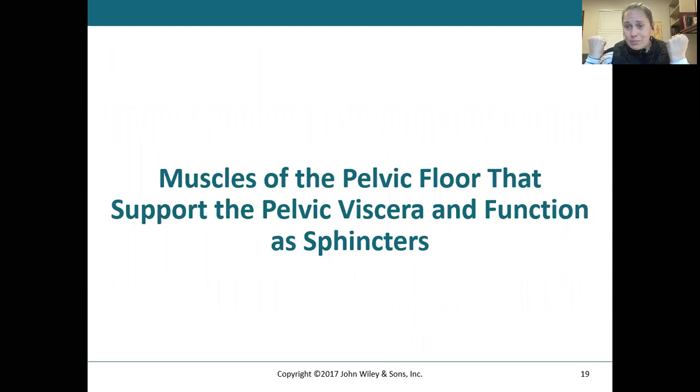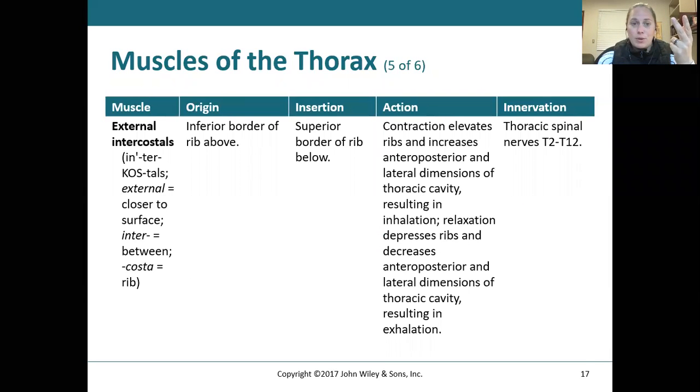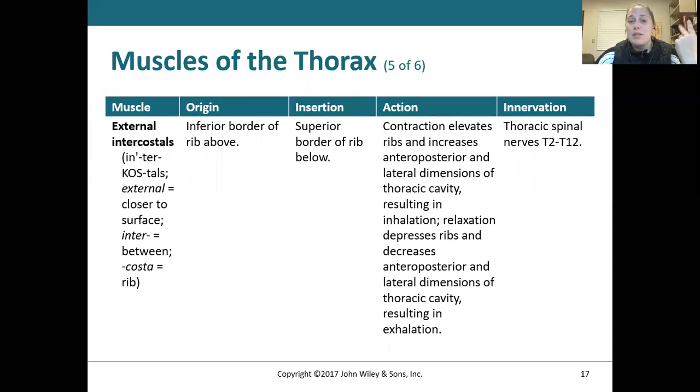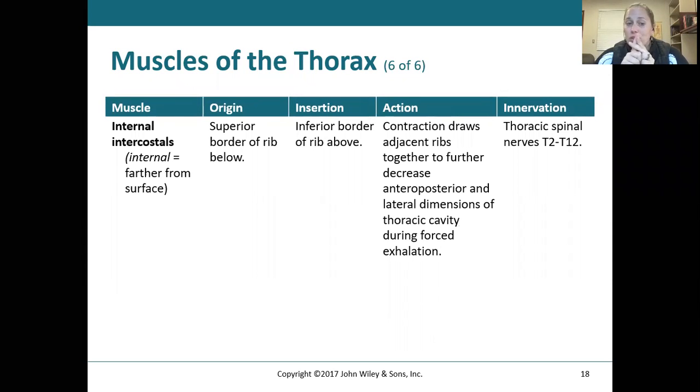Okay, so a couple of the muscles of the thorax that are important for breathing: the diaphragm, the external intercostals, and then the internal intercostals, which I don't think we just covered. And those, again, think of inside the ribs, internal intercostals. The superior border of the rib below is going to be the origin. The insertion is the inferior border of the rib above, so basically between the ribs.